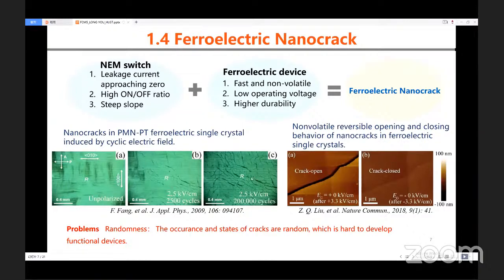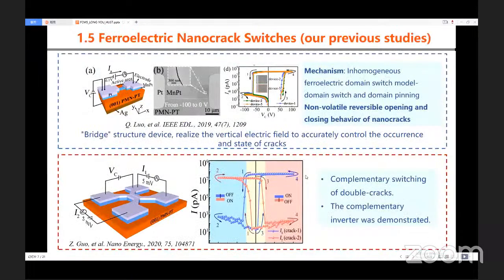However, we find that the locations and states of cracks are very random, and it is difficult to accurately control them. These problems limit their continued in-depth application. In our previous work, we have realized the precise control of crack locations and crack states by designing a braid structure.